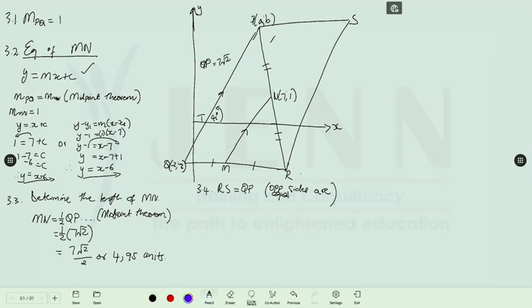And remember, we were told in our statement that QP is equal to 7 square root of 2. That means RS will also equal 7 square root of 2 units.